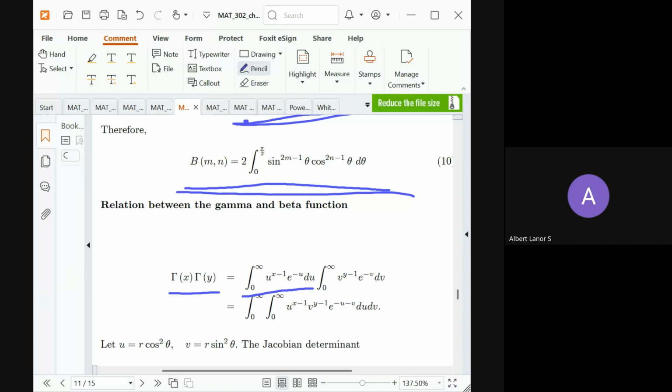If you merge them, you're going to have this function here. So you integrate a double integral from 0 to infinity, 0 to infinity. And then you put the e's together. The e's will be e^(minus u minus v), du dv.